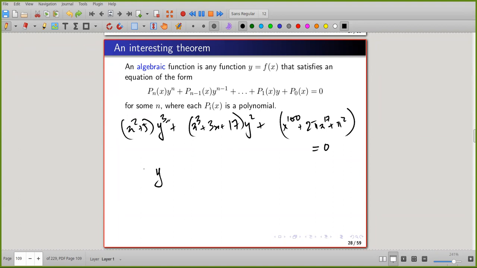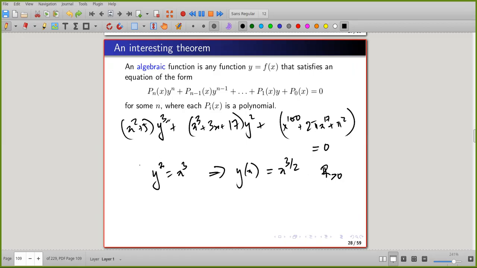We could take a function which satisfies this equation, y squared is equal to x cubed. So basically this function is y of x is equal to x to the power 3 by 2, and we can define this function on R positive.